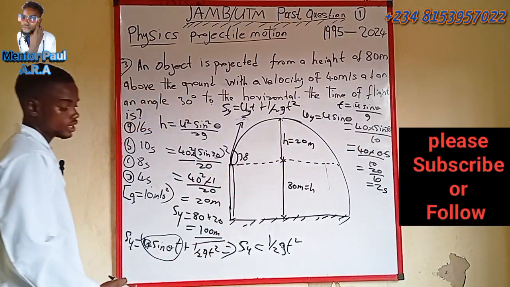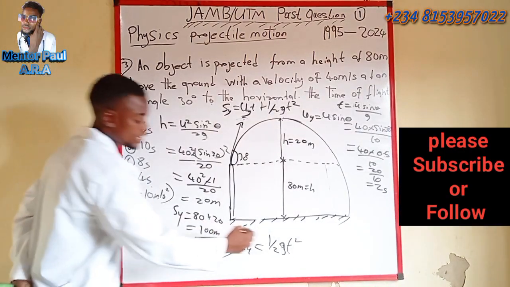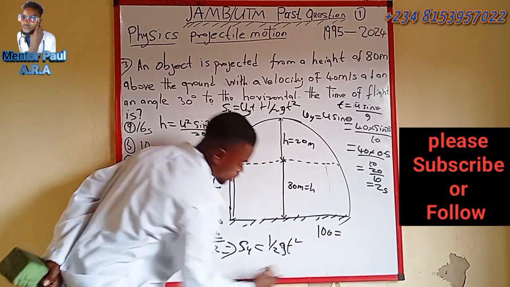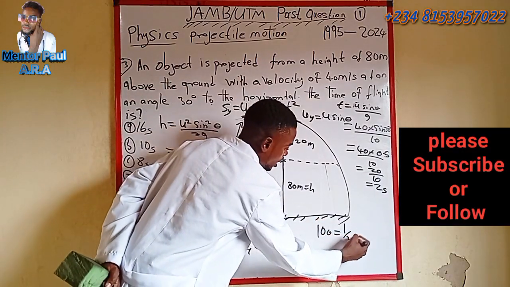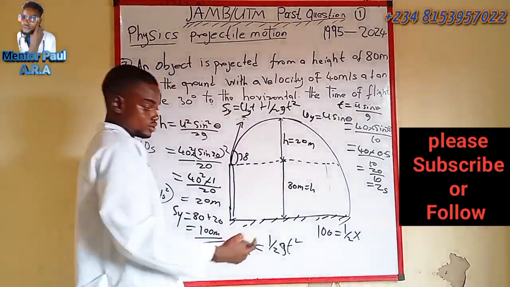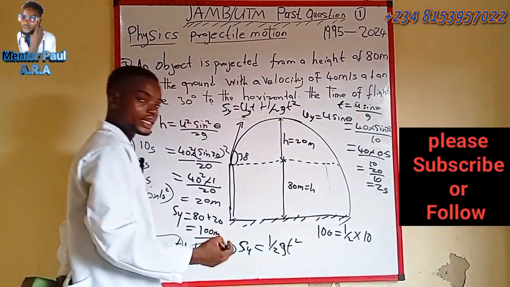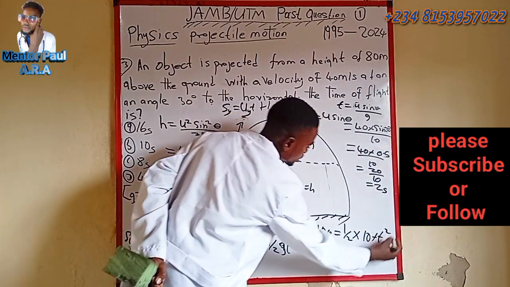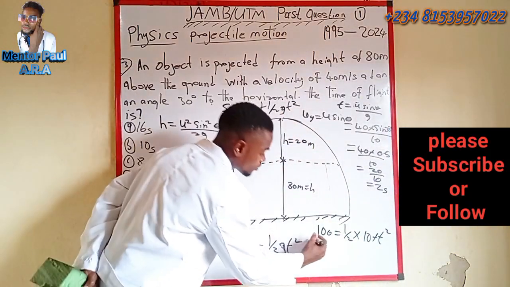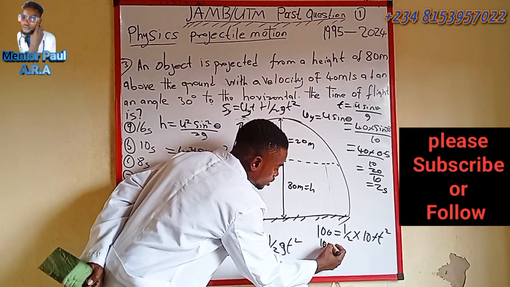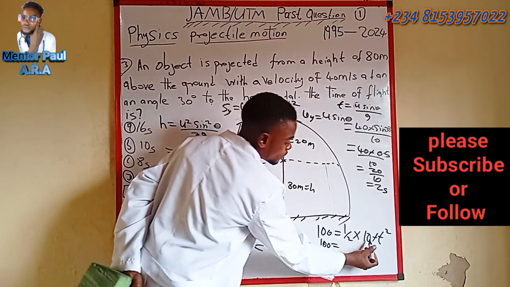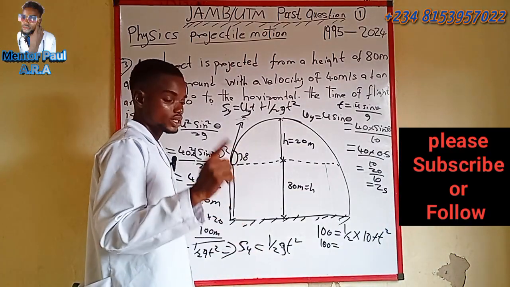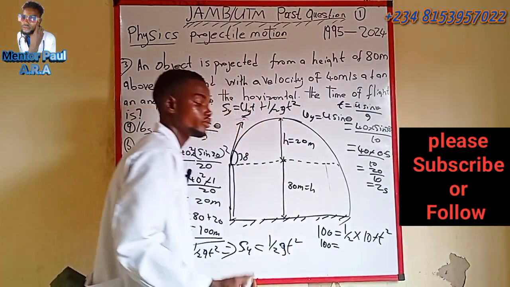Now, if we substitute the value we have here, this s, the vertical distance we are seeing here, has been calculated to be 100. Substituting the value of sy, 100 is equal to half multiplied by g, which is acceleration due to gravity, 10, and then the time, which is what you are looking for, multiplied by t squared. In this case, we have that 100 is equal to 1 multiplied by 10, which gives us 10, and 10 divided by 2 gives us 5.